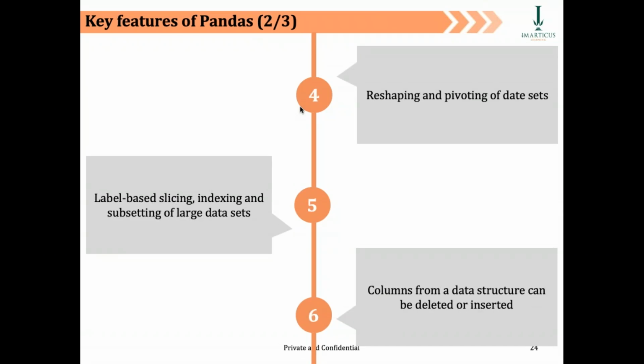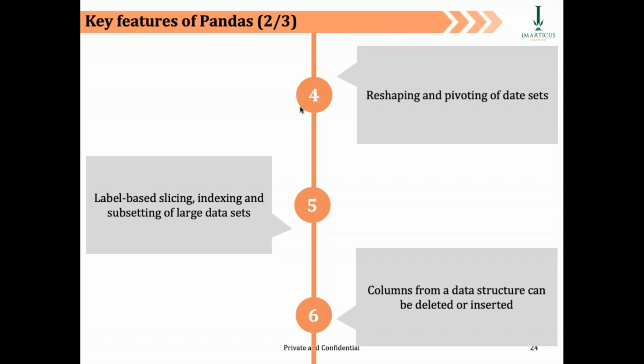Next, you can do reshaping and pivoting of data sets. As I have told you, we have seen how we do various reshaping of data in NumPy arrays. That is going to be important to understand the context of pandas. And then label-based slicing, indexing, and subsetting of large data sets.